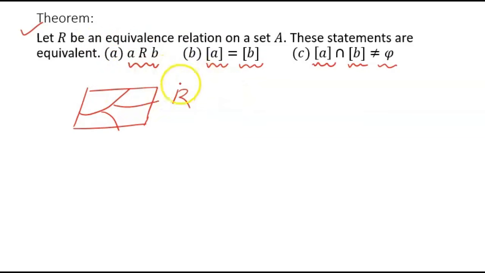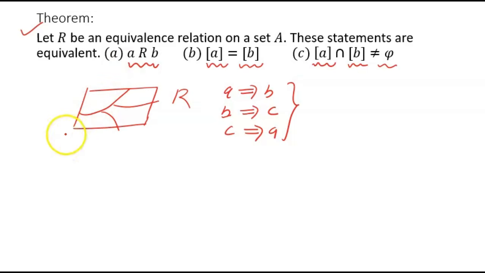To write the proof, you have to show that statement A implies statement B, then you have to show that statement B implies statement C, and then you have to show that statement C implies statement A. And if you are able to show this, then you can conclude that these three statements are equivalent. I would suggest you write the proof. It is very interesting and it will give you insight into what an equivalence relation is and how the partition works. Okay.